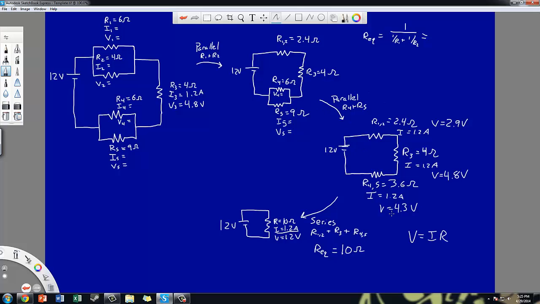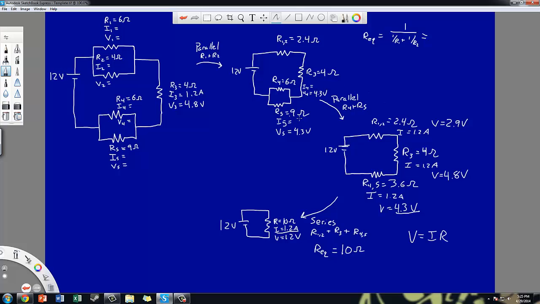They're both going to be the 4.3 right here, so I carry back my voltage 4.3 volts. And this is going to get interesting. I'm going to write it over here. So current 4 and voltage 4. Voltage 4 is 4.3 volts.